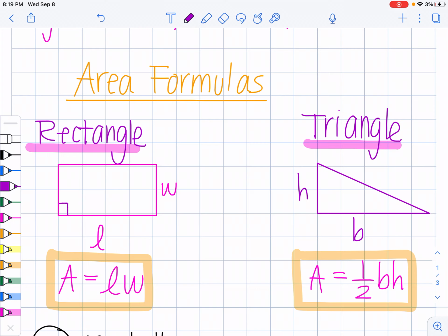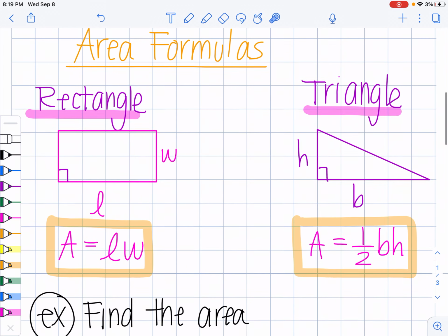It has some right angles in the corner. And we have a triangle that looks like this. A rectangle has a length and a width, and the area of a rectangle is length times width. A triangle has a height and a base, and the area of a triangle is 1/2 base times height. So those are just our two basic area formulas.